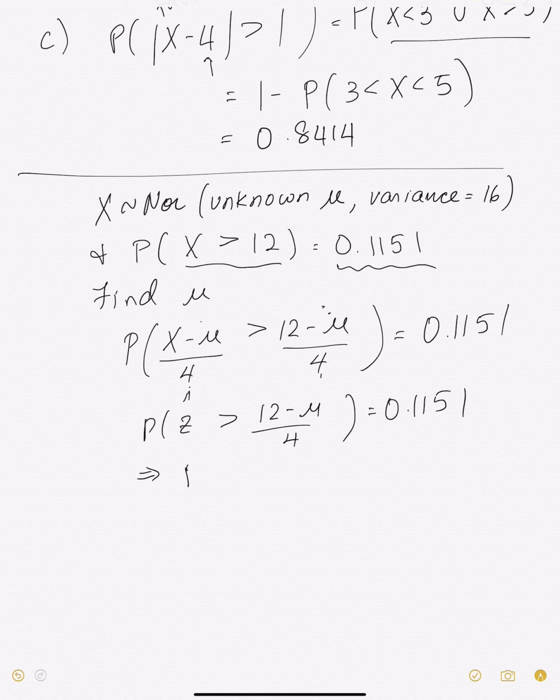Okay, what does that tell you? That tells you that the probability of z less than or equal to 12 minus mu over 4 is 1 minus this, which is 0.8849. Okay, so can we find mu using this? Well, go to the table, and what you want to do is look for where you have values closest to 0.8849.